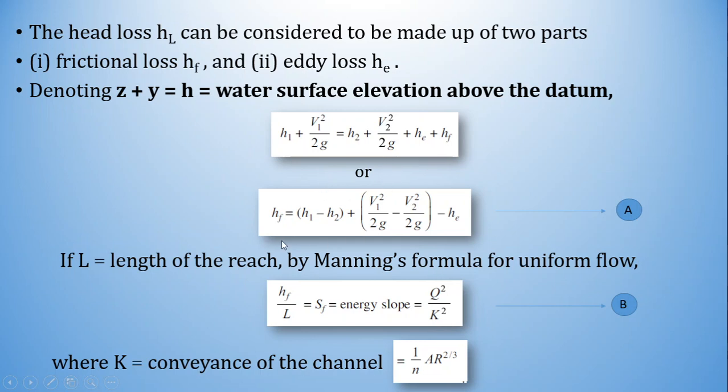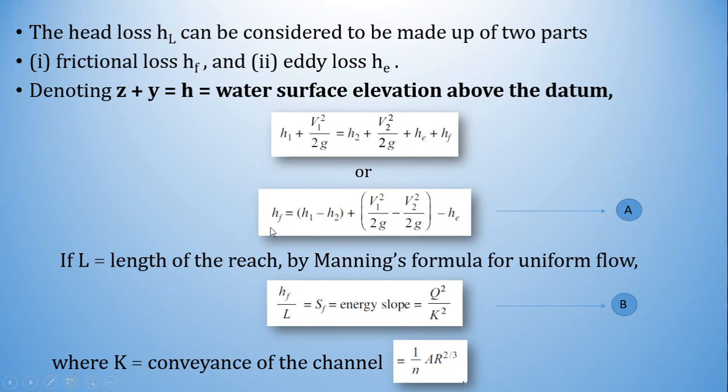By rearranging, we get HF is equal to H1 minus H2 plus (V1 square by 2g minus V2 square by 2g) minus HE, denoting it as equation A.